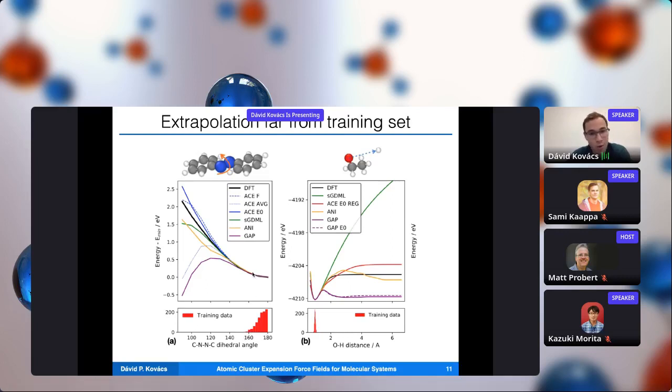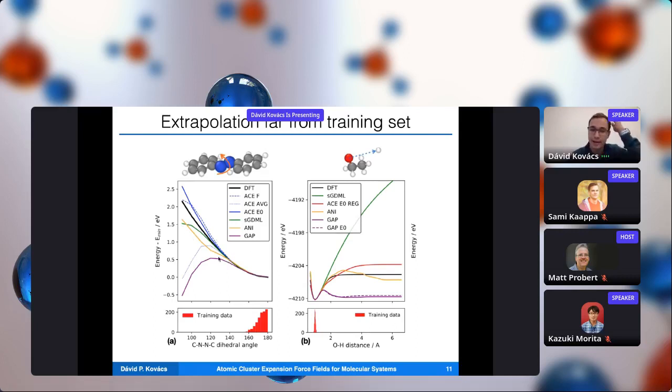And we see how smoothly and nicely the different models can extrapolate. There are different flavors of ACE here, and these flavors of ACE capture very nicely and smoothly the increase in energy as this double bond is rotated. This is not the case, for example, for GAP, though some other models also do it as well.